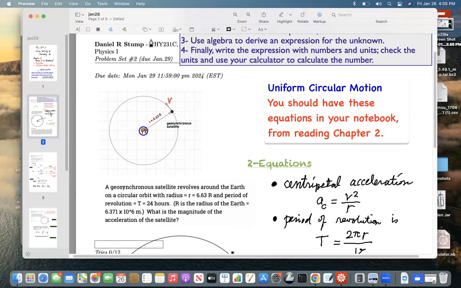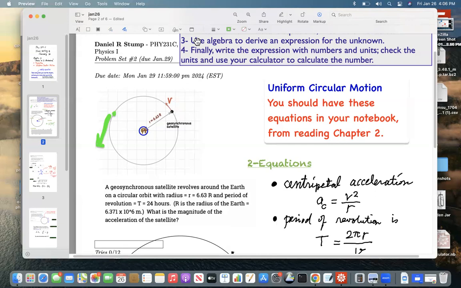But when it's over here, when it's at this point, its velocity vector will be in this direction. Always tangent to the orbit. So always tangent to the circle.